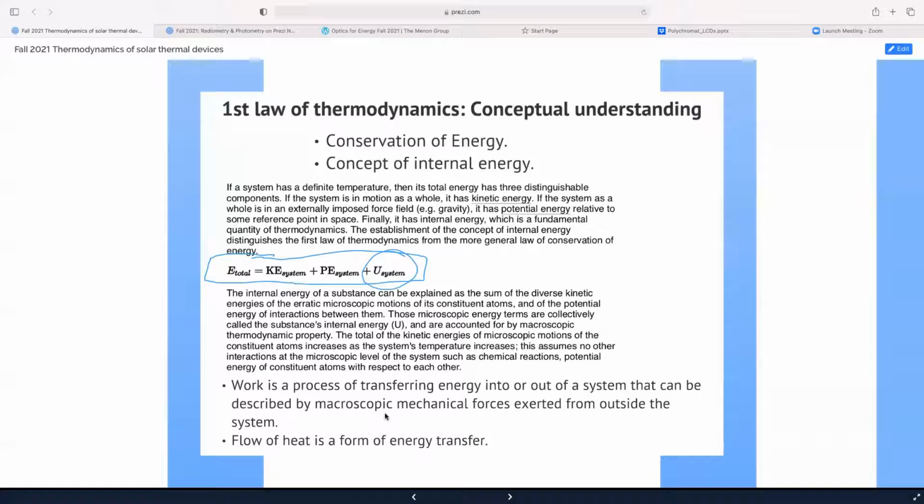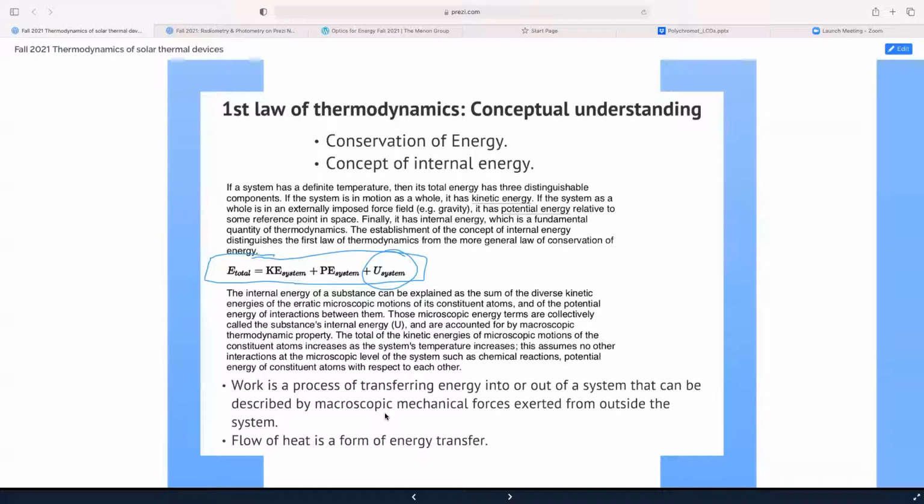Now, we also have to be very clear what work means. Work is simply a process of transferring energy into and out of the system. Think about the refrigerator, think about the motion in the case of the internal combustion engine. In the case of a solar cell, that work, as you will see later on, will be the kinetic energy of the electrons, which of course, as electrical engineers, we measure as current, because it is the motion of electrons.